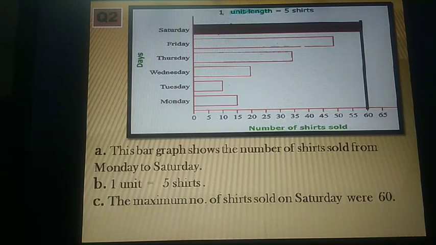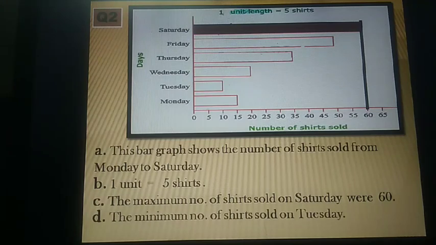Next, on which day were the minimum number of shirts sold? Minimum length bar is on Tuesday. So the minimum number of shirts were sold on Tuesday.